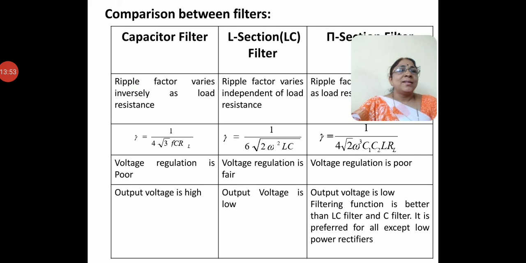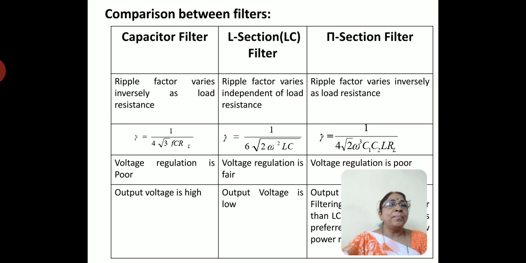Okay, let us see the comparison between these filters: capacitor filter, L section filter, and pi section filter. In the case of the capacitor filter, the ripple factor varies inversely with load resistance, whereas in the L section filter, it is independent of load resistance. In the pi section filter, the ripple factor again varies inversely with load resistance.